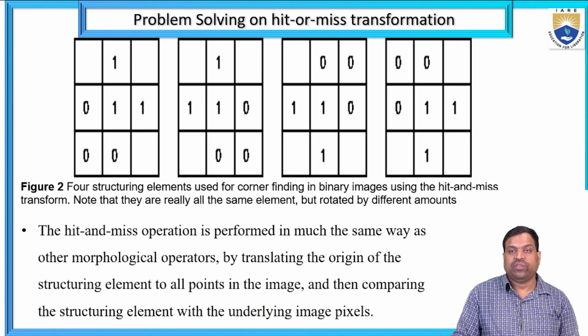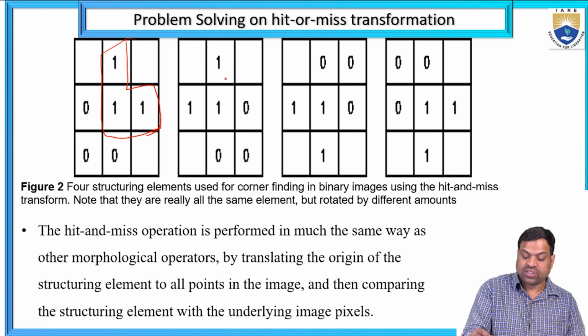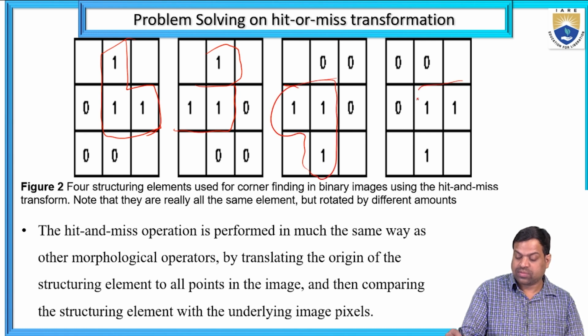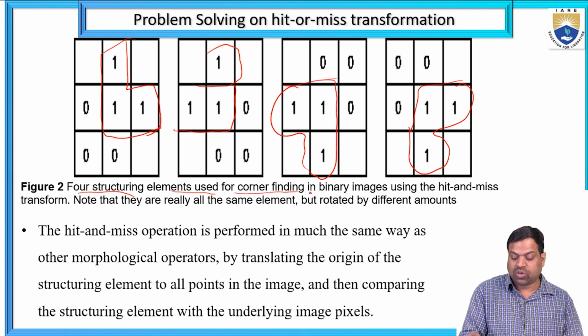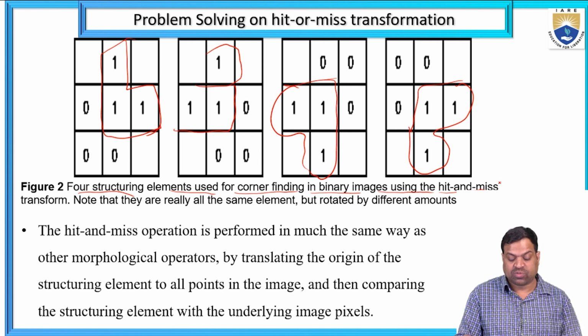So here there are 4 different rotations. Here the ones are like this. So 4 structuring elements are used for corner finding in binary images using the hit and miss transform.